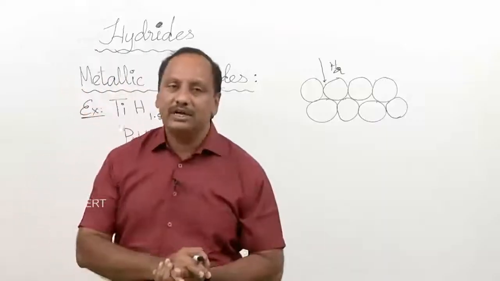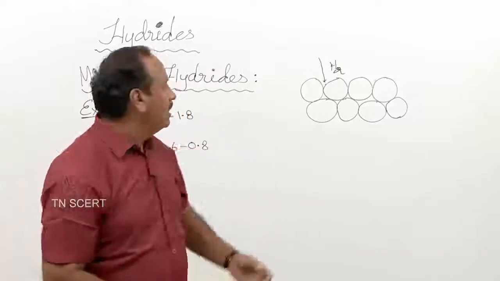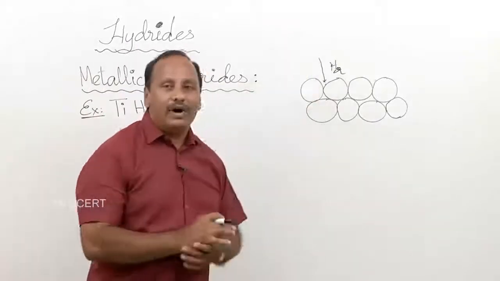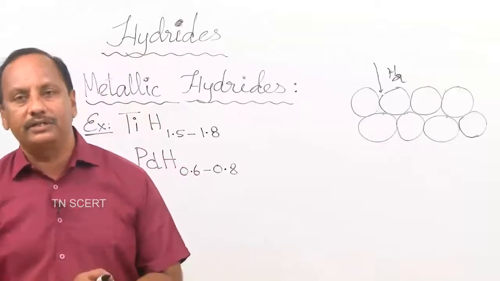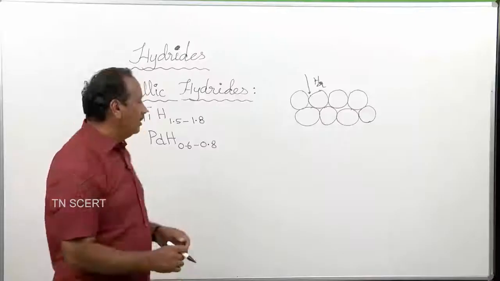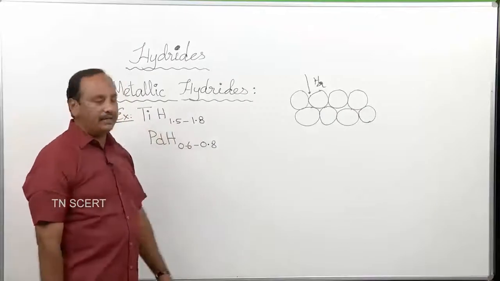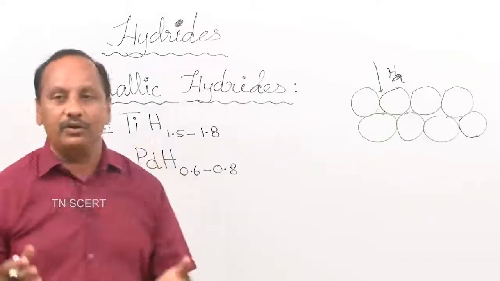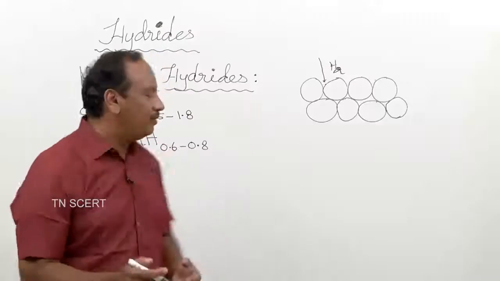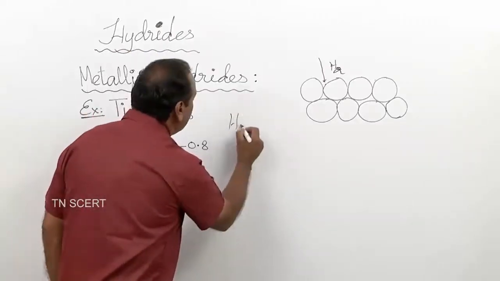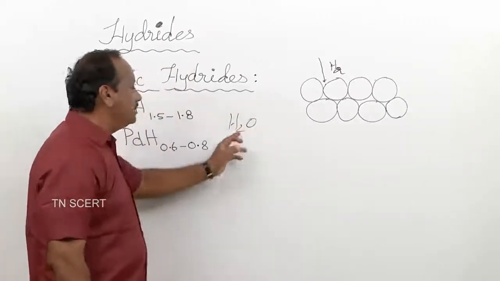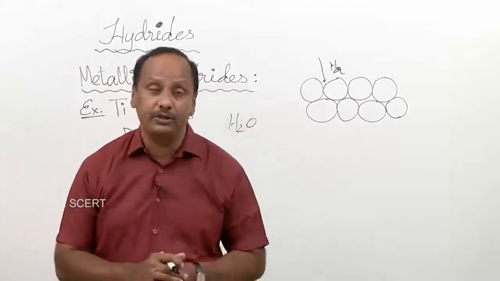Metallic hydrides are unstable. On heating, hydrogen is evolved from the voids. Most of the metallic hydrides are non-stoichiometric. For example, TiH 1.5 to 1.8. What is the difference between stoichiometric and non-stoichiometric? For example, water is a covalent hydride in which hydrogen and oxygen are present in a definite ratio.